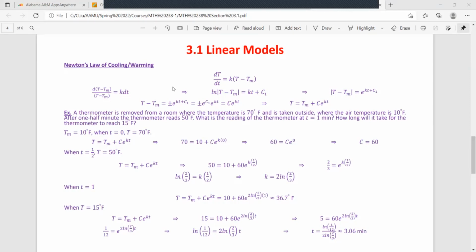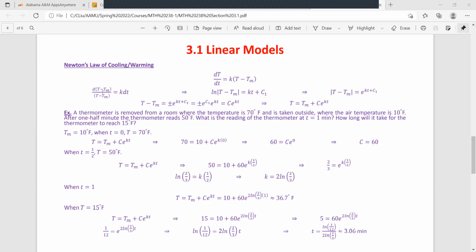So we can solve this problem easily if we rewrite this differential equation as d capital T minus capital Tm over capital T minus capital Tm equals k times d small t.